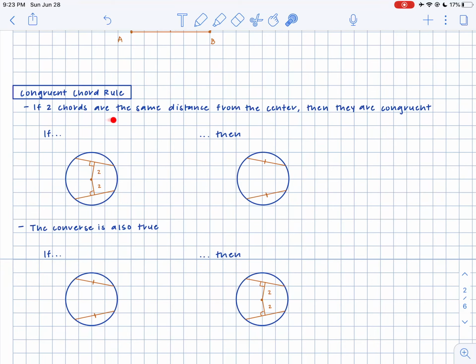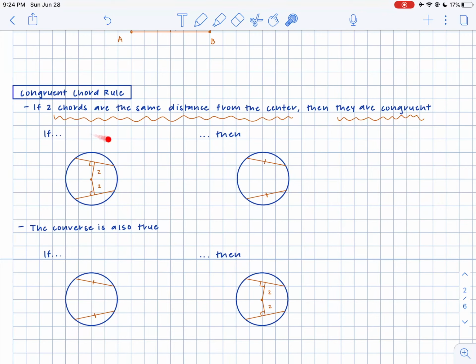So again, looking at the congruent chord rule, if two chords are the same distance from the center, here's chord 1, here's chord 2, they are both 2 centimeters from the center, then they are congruent. So if they are the same distance from the center, then we can conclude that these two chords are congruent, meaning they have the same length, okay? So the converse is also true. Remember, what is the converse? This is if we flip the two parts of the statement, the first part and the second part, and we switch them.